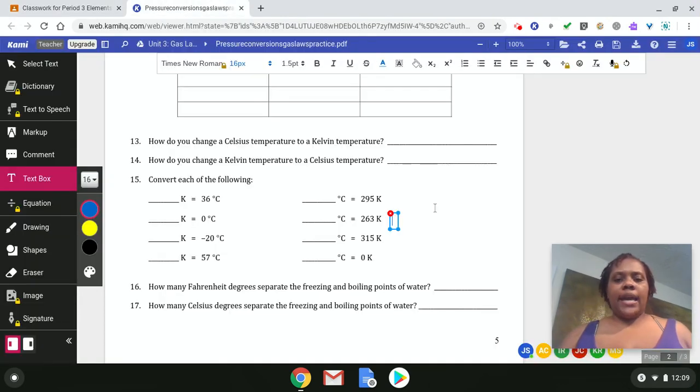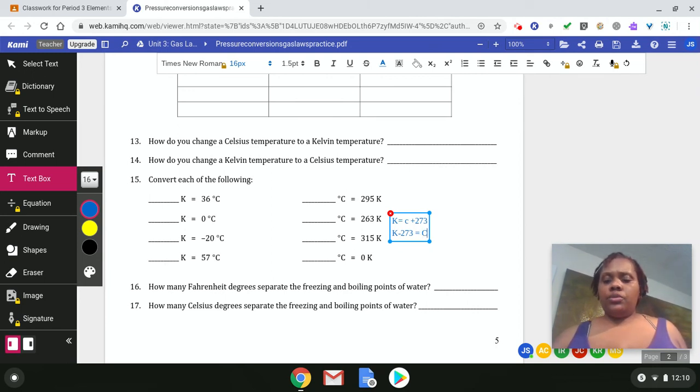So I'm going to take the 263 Kelvin and subtract 273. Well, let's back up. I'm going to actually write it out for you. K is equal to C plus 273. So that means that K minus 273 is equal to C. Just a simple algebraic rearrangement, right?